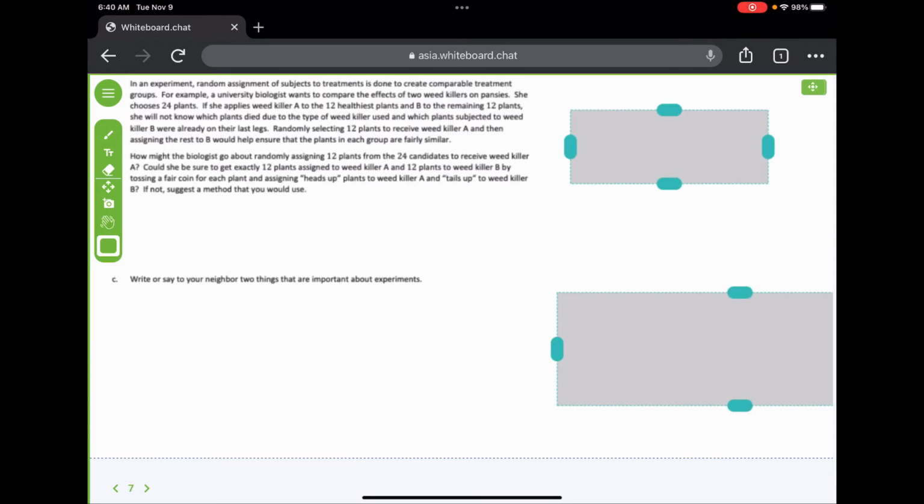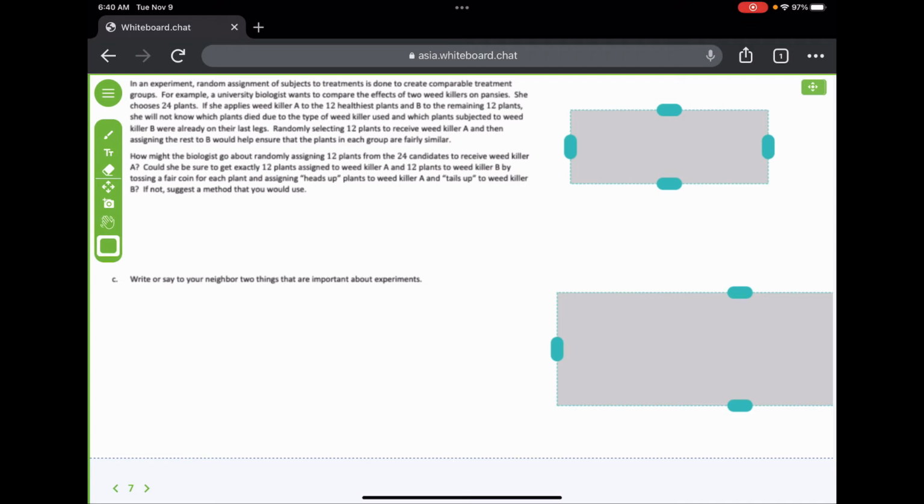Page 7 says, in an experiment, random assignment of subjects to treatments is done to create comparable treatment groups. All right, I'm going to let you read the rest of that. It says, how might the biologist go about randomly assigning 12 plants from the 24 candidates to receive weed killer A?